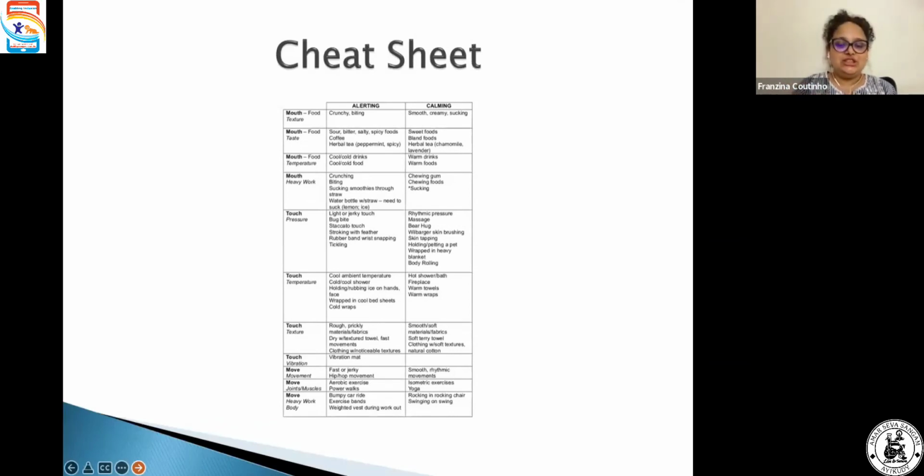So this is a cheat sheet that I have here for you. Okay. With some alerting and calming activities for children based on what their issues are. Okay. So alerting, which means you have a child who seems phased out. So very often giving them a crunchy thing or a chewy tube could help.